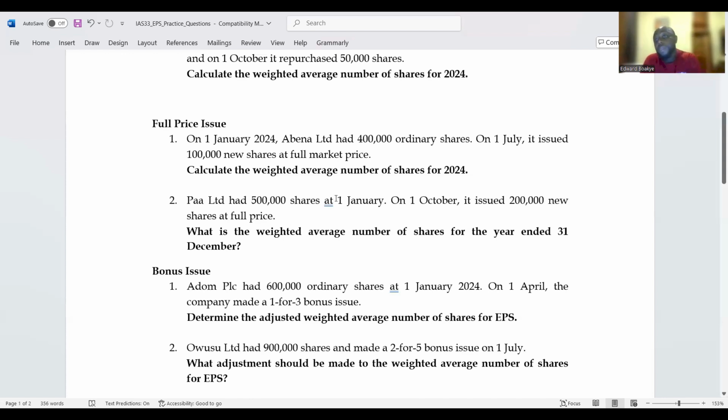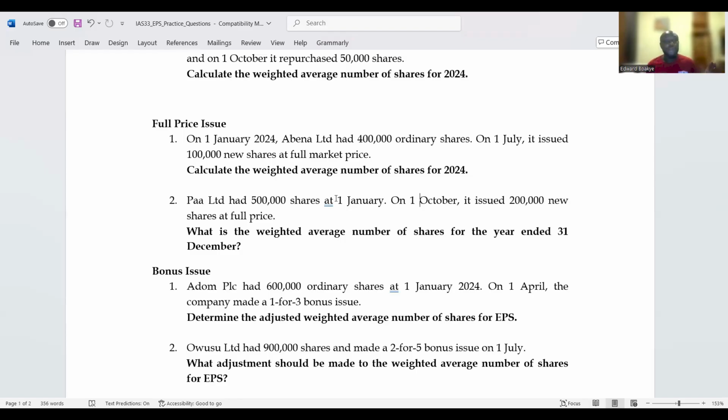Here, we were not given the profit after tax, but if we had a profit after tax, once we are done with the weighted average shares, all we are going to do is divide. So if we have the weighted average shares and then you have your profit after tax, just divide the profit after tax by the weighted average shares, and then you have your earnings per share under a full price issue.